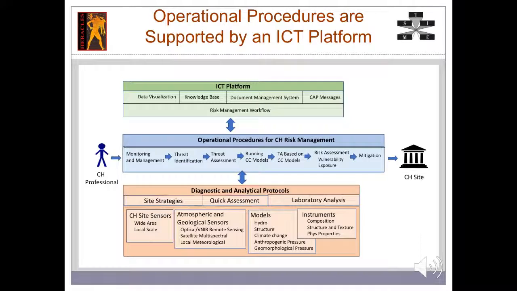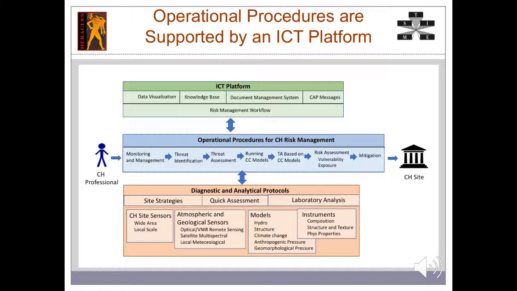Central to the platform is a knowledge base, which is a very flexible repository of all the knowledge associated with cultural heritage sites being considered in the Heracles project in order to try out the Heracles concept. We have 4 cultural heritage sites.